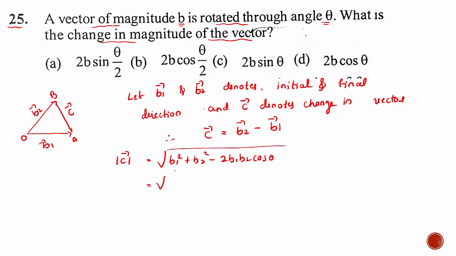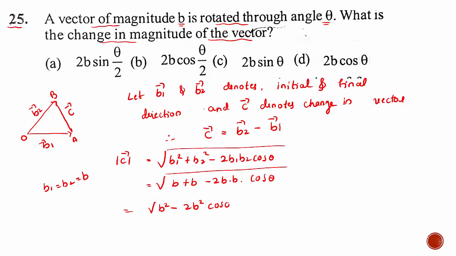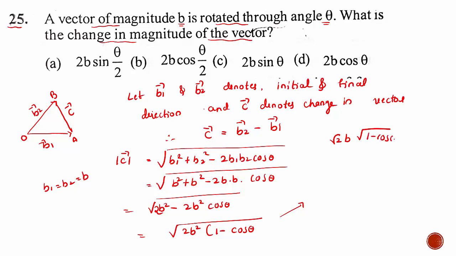Both b1 and b2 are equal in magnitude. So we can write b square plus b square minus 2b square cos theta. Right? So this is not b square, this is 2b square. So square root of 2b square is common, times 1 minus cos theta. Or we can write root 2 into b, remaining is square root of 1 minus cos theta.